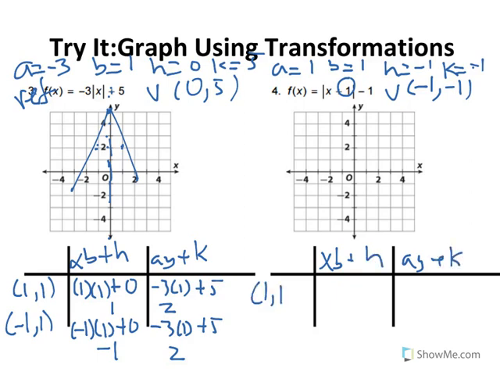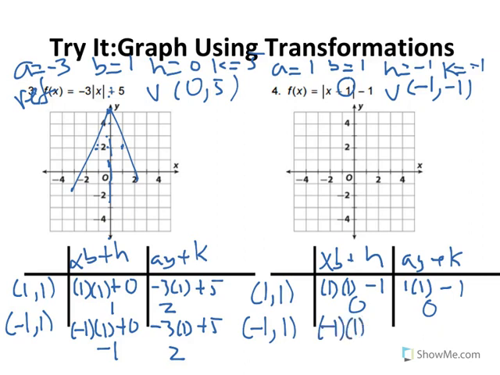So 1, 1 will go to 1 times 1 minus 1, and 1 times 1 minus 1 as well. So then we have 0, 0. And negative 1, 1 will go to negative 1 times 1 minus 1, and 1 times 1 minus 1.